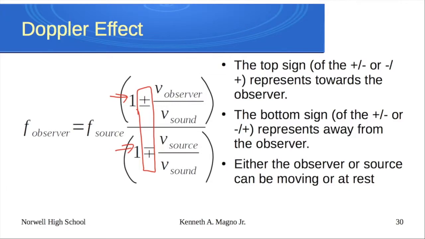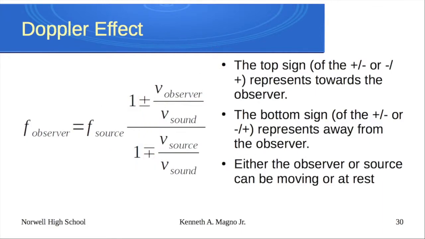With the sound, is just velocity sound, whatever. But on the bottom, this is kind of the away piece. So is the source away? Is the observer moving away? That's the bottom part of the plus minus. All right. Are they moving towards, the source or whatever, or towards the observer? That's the top piece. Okay. So again, something to keep track of as you're kind of going through these.